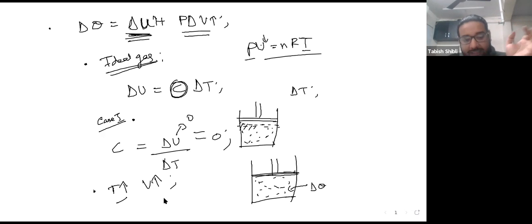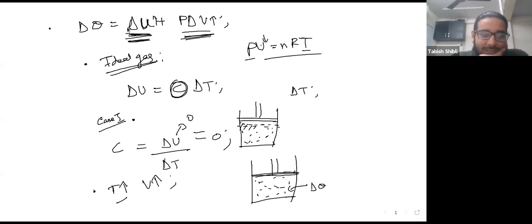So how much does one happen? So three things can happen, right? One thing is most of my energy, heat that I put in, actually goes into the work done. Most of my heat goes into the work done, and some amount of heat goes into increasing the temperature.